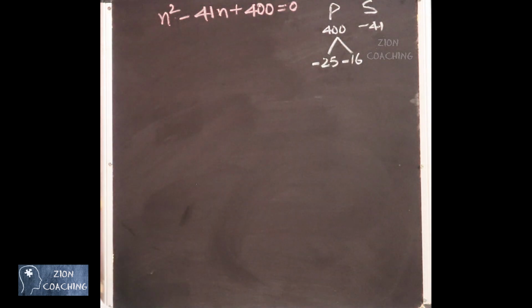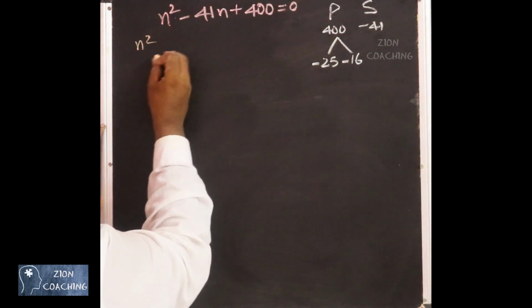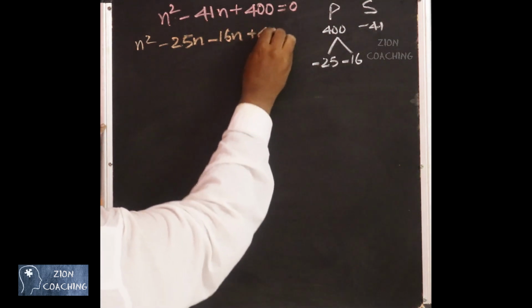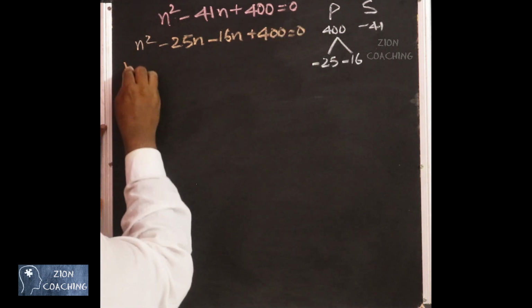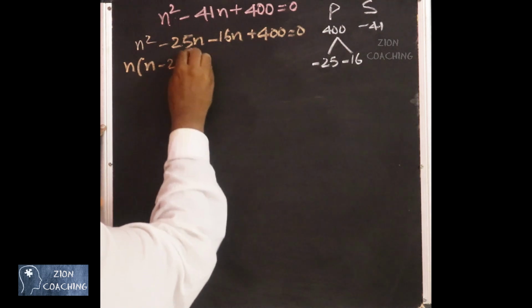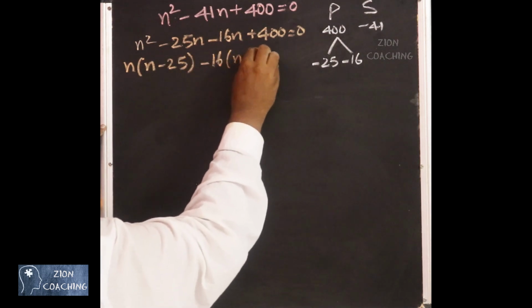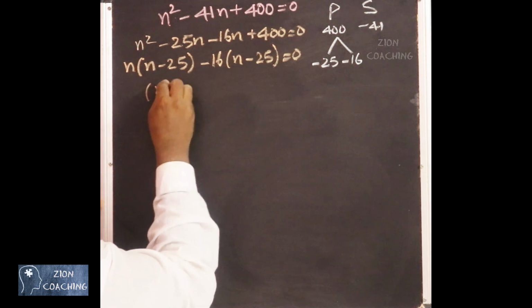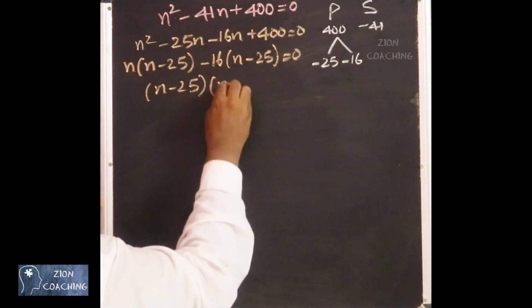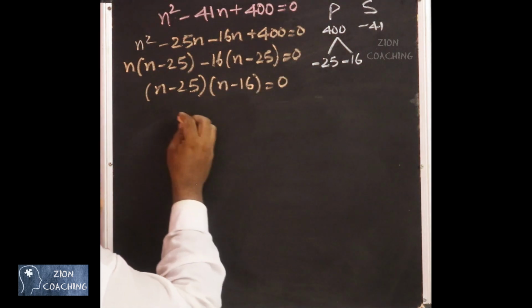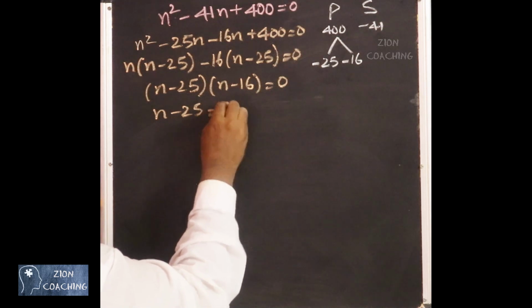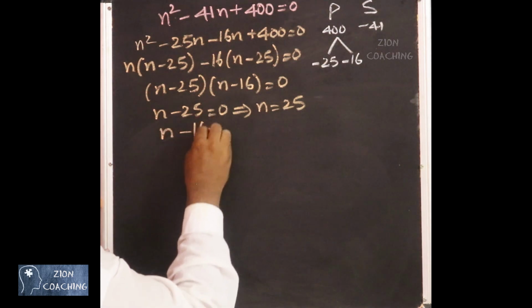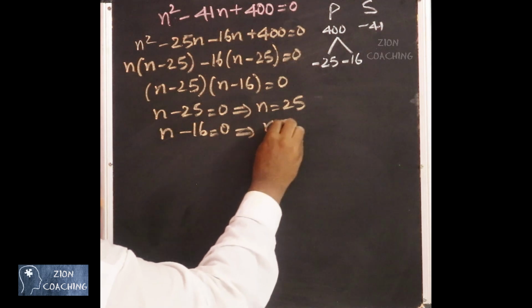Now you can write this as n squared minus 25n minus 16n plus 400 equal to 0. n into n minus 25 minus 16 into n minus 25 equal to 0. n minus 25 into n minus 16 equal to 0. n minus 25 equal to 0 implies n is equal to 25. n minus 16 equal to 0 implies n is equal to 16.